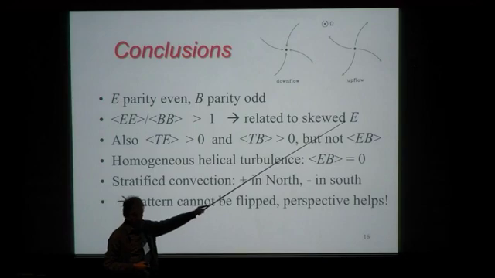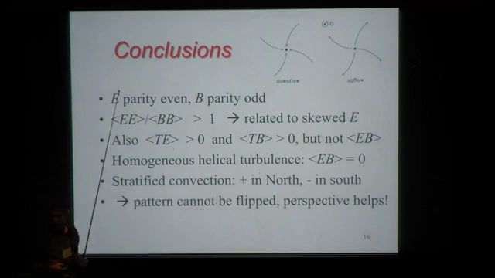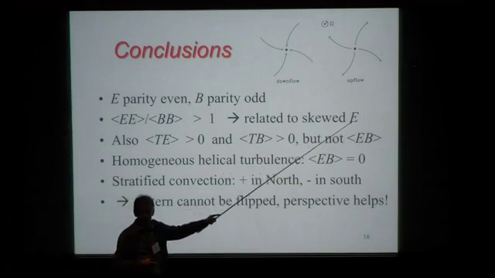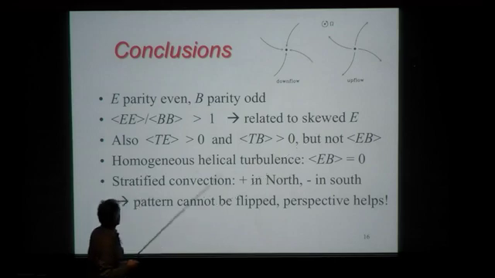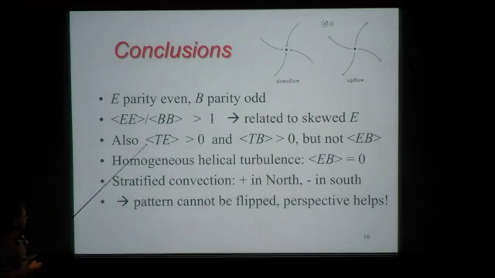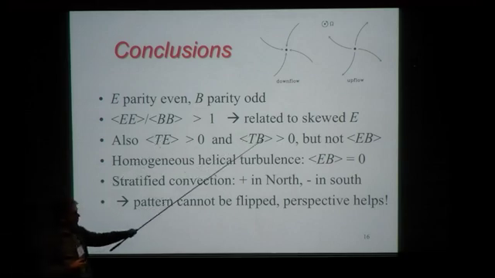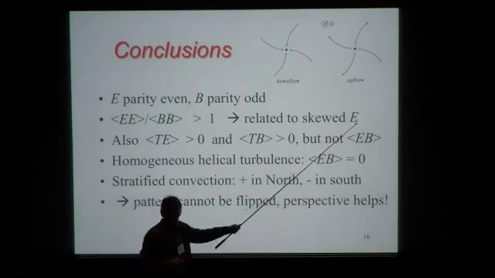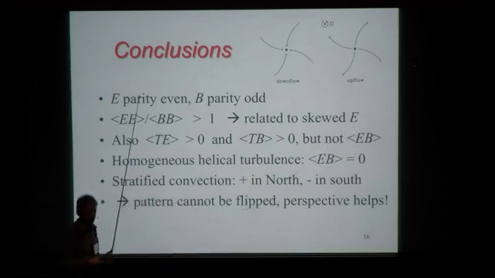It looks like it could be connected with the skewness that is only present for the E polarization, but is not present for the B polarization. There's also evidence for the combined cross polarizations TE being positive and TB being positive, although there is no evidence for EB to be positive as one would actually expect.